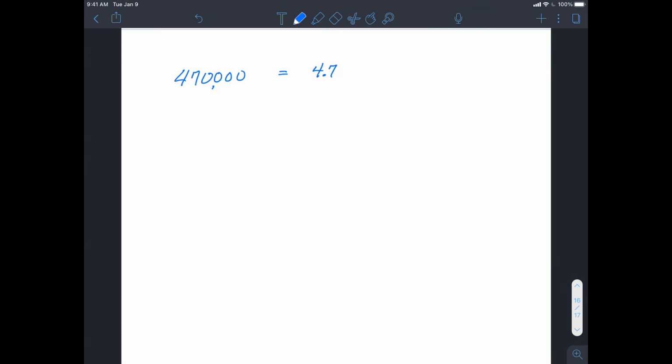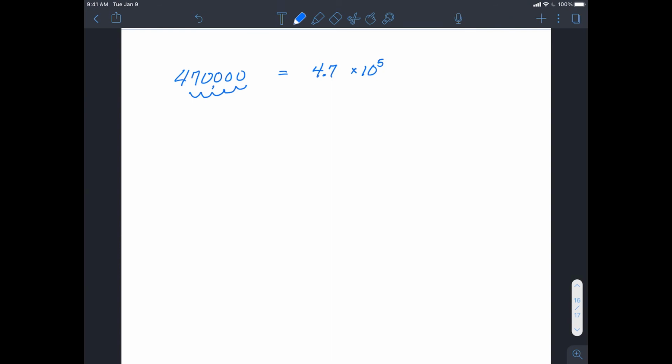So this is going to be 4.7 times 10 to some power. Now, in order to rewrite 470,000 as 4.7, we needed to move the decimal place over 1, 2, 3, 4, 5, so that says that the exponent needs to be 5, so that will move the decimal point in 4.7 back the 5 places.